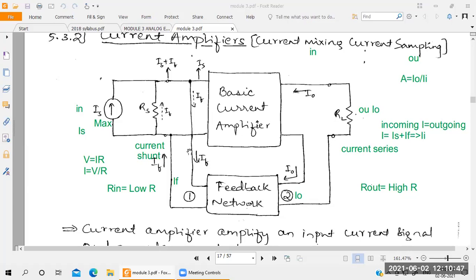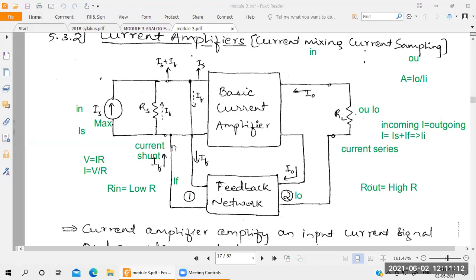So we want to mix the source current and the feedback current, then apply it to the current amplifier. Understood? Here they have taken parallel connections for the source and feedback. That's why I got the shunt. This one is a shunt connection and this one is a series connection.